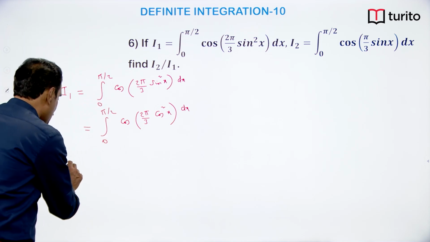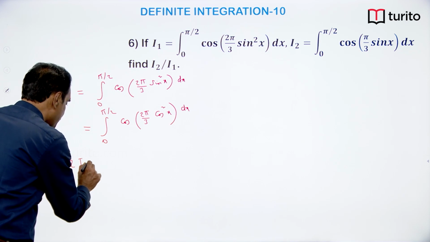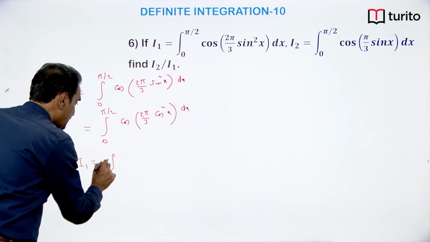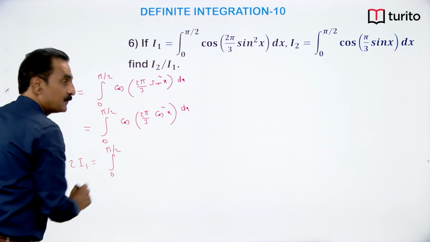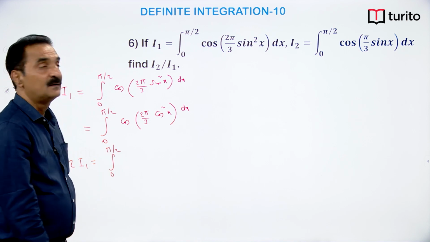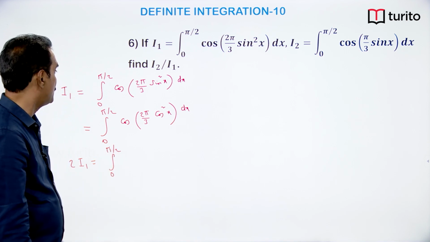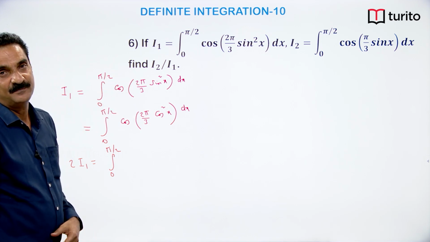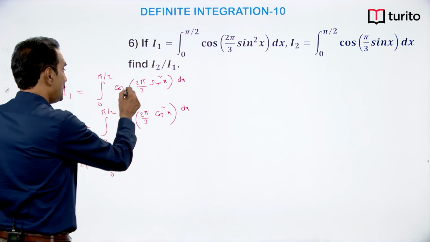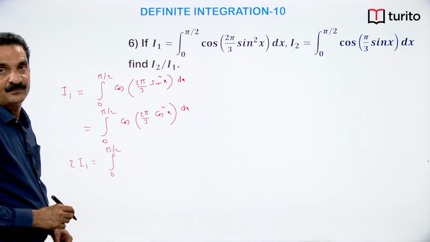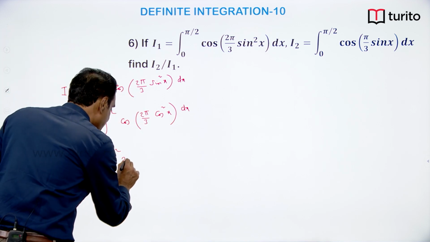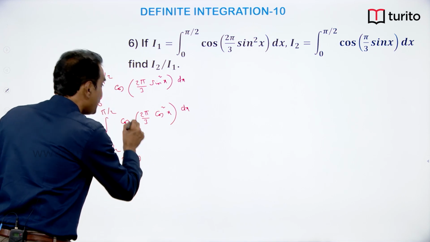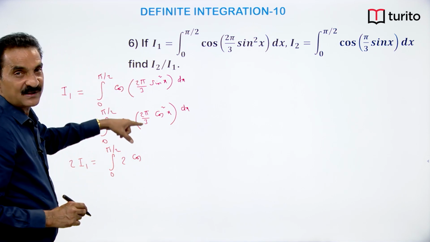So, 2I1 is equal to integral 0 to pi by 2, this plus this is cos c plus cos d. What is cos c plus cos d? 2 cos c plus d by 2. What is c plus d by 2?